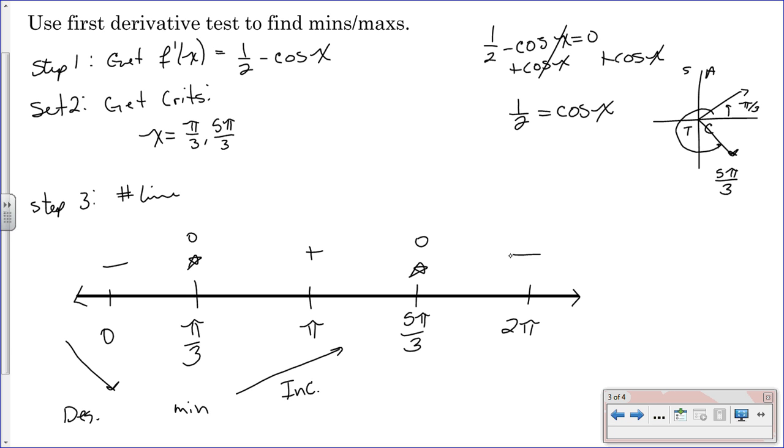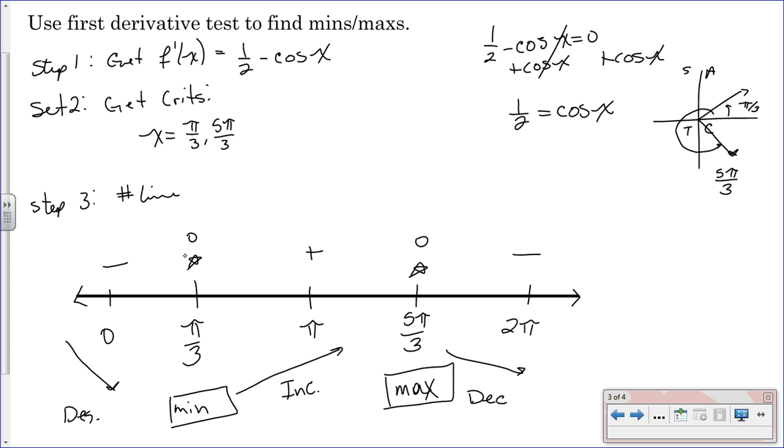And since it goes from positive to negative at 5 pi over 3, we know this is a max. And since all these are negative, this is decreasing on that interval. So we know that pi over 3 is a min, and 5 pi over 3 is a max. That's why you do the number line.